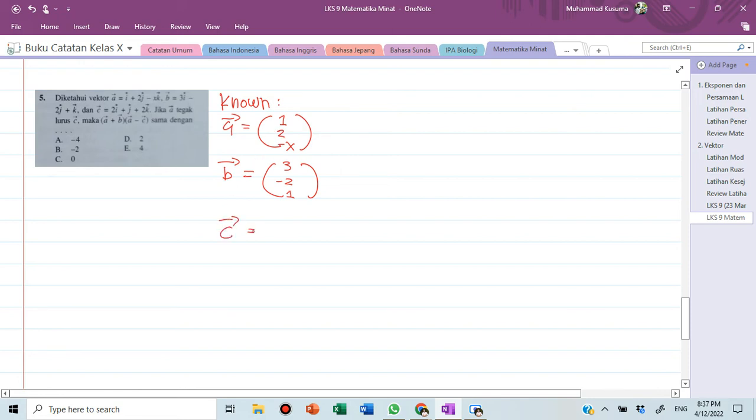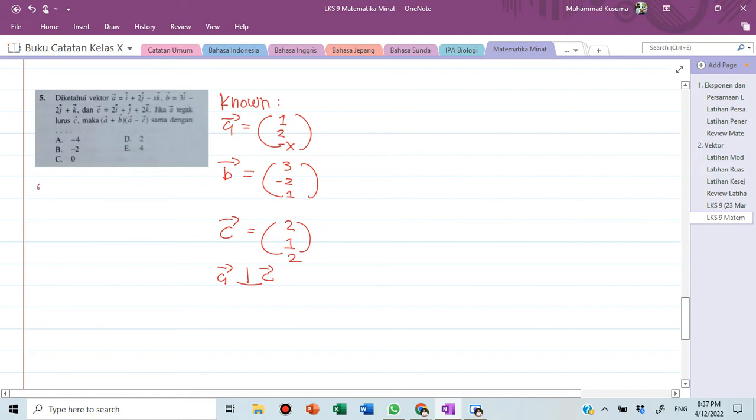So the coordinates of c are 2, 1, and 2. Now vector a is perpendicular with vector c.